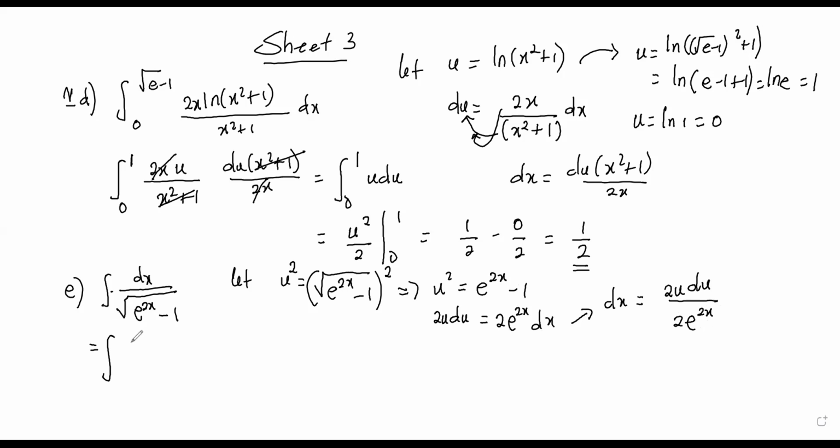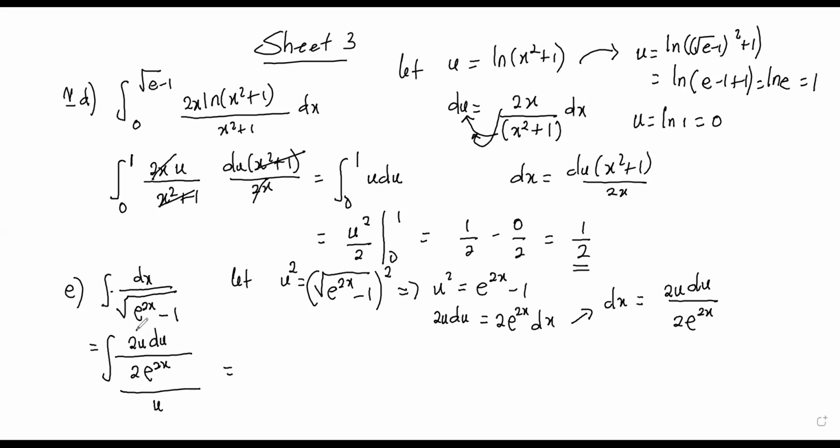And then we come back here and substitute. So dx is 2u du over 2e2x. And then we are dividing everything by what? By the root of e2x minus 1, which is our u.